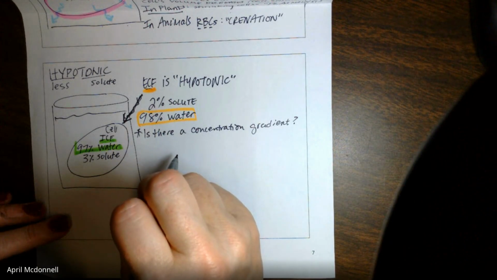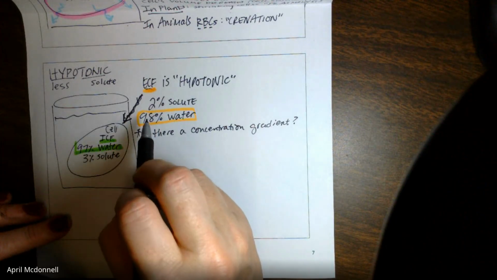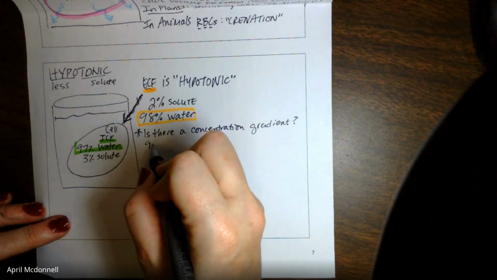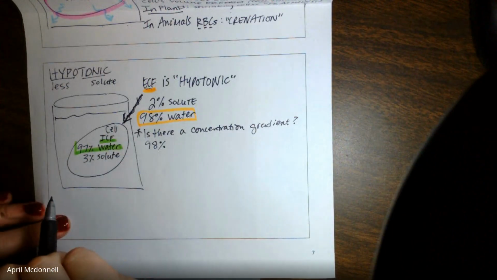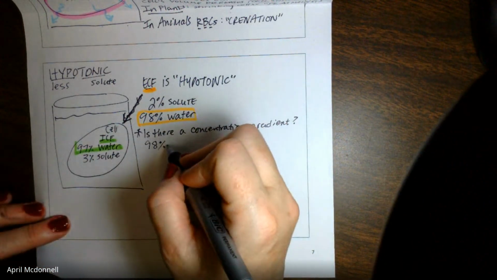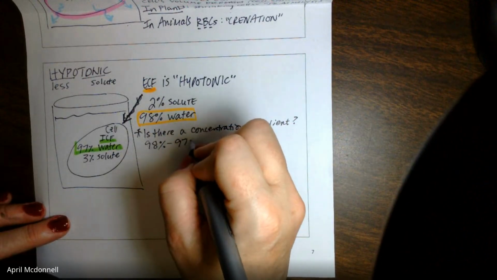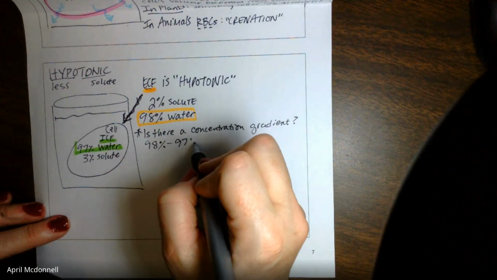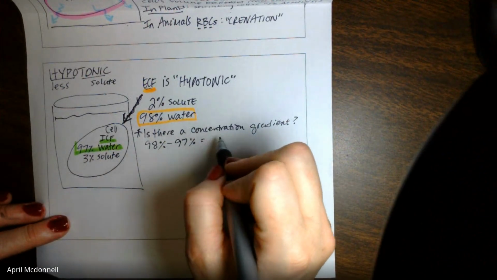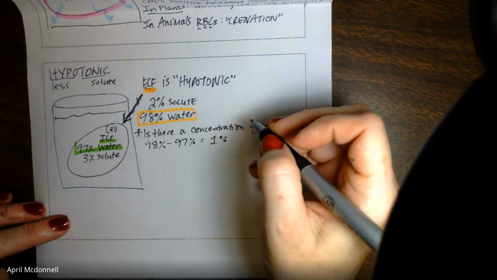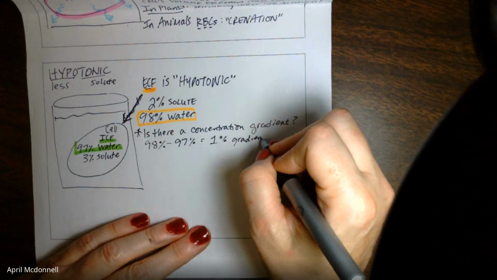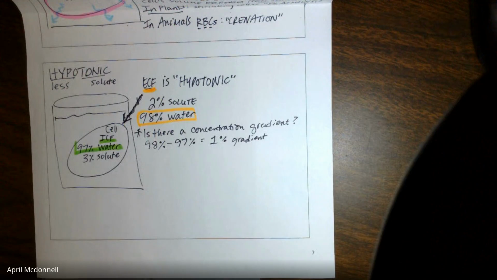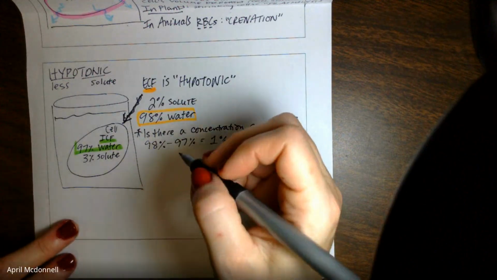To determine if there's a concentration gradient, you take the higher amount of water in one area and subtract the lower amount of water. So 98% minus 97% is a 1% concentration gradient. And anytime there is a gradient, that means there is a force to drive diffusion.